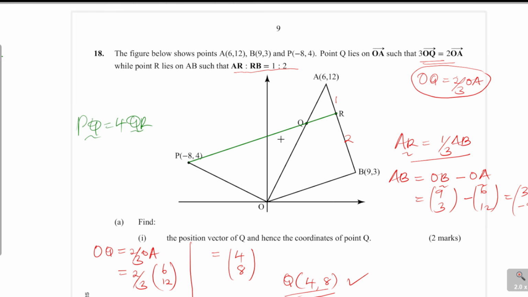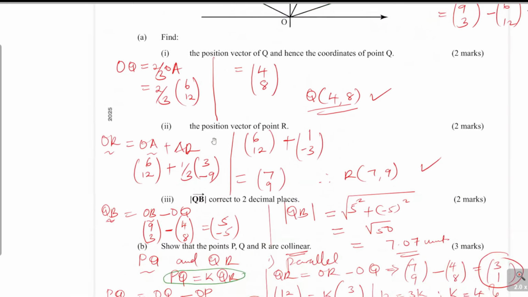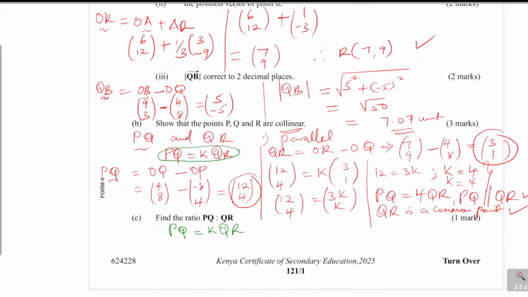That means QR is a quarter of PQ. A quarter means this one will be 1, so the ratio will be 4:1. That is the ratio PQ:QR. So the ratio is 4:1. As simple as that.